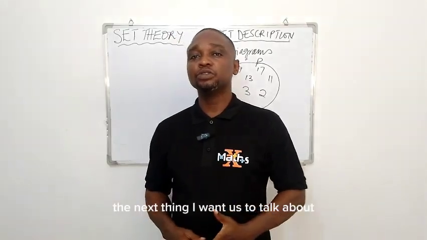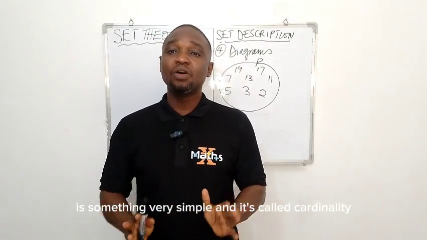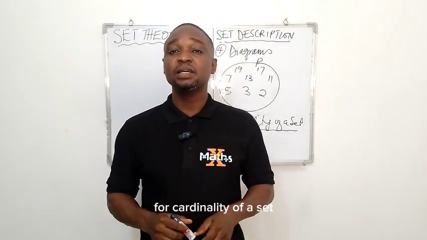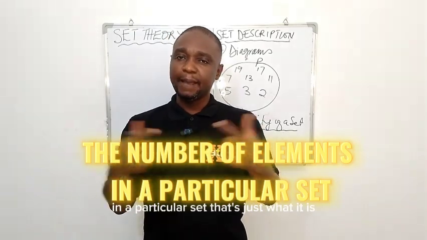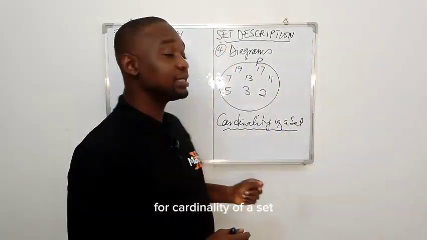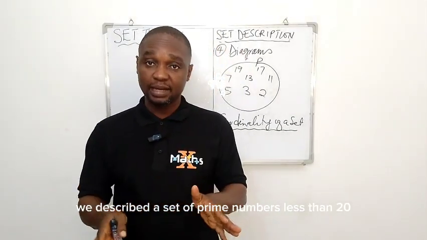The next thing I want us to talk about, my dear students, in this class is something very simple, and it's called cardinality. For cardinality of a set, this refers to the number of elements in a particular set. That's just what it is. So earlier we described a set of prime numbers less than 20.